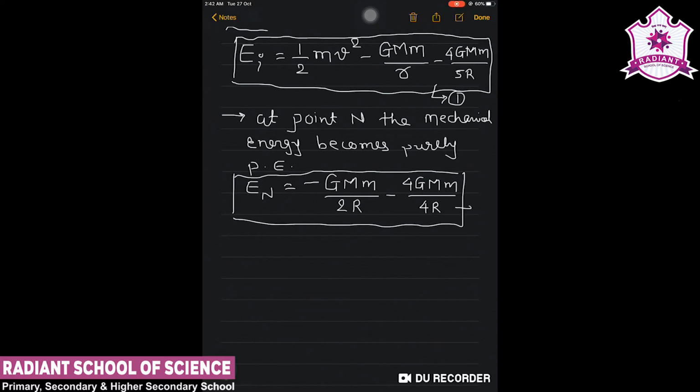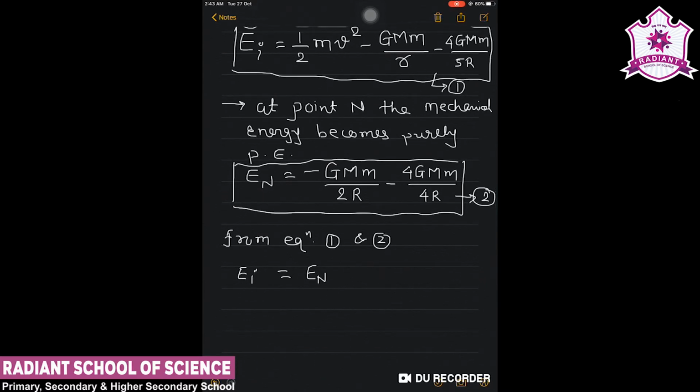Now we can compare this as a mechanical energy equation. So from the principle of conservation of mechanical energy, we can compare them and get the equation from 1 and 2. When we compare, Ei is equal to Ef as per the conservation of energy.